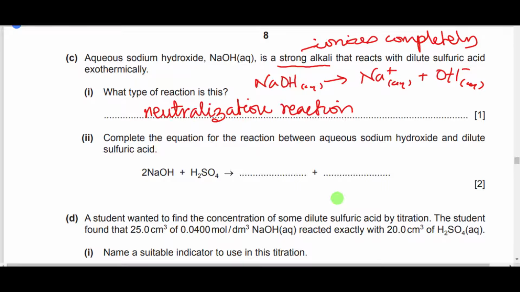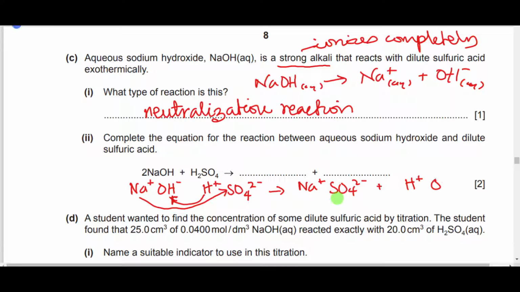Now let's first of all break this down into ions, and H plus and SO4 2 minus. So there will be exchange of radicals. This will pick up this, while this will pick up this. So this will now give us Na plus and SO4 2 minus plus H plus and OH minus.